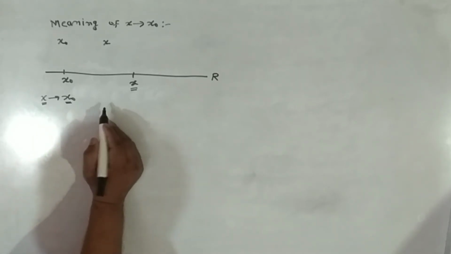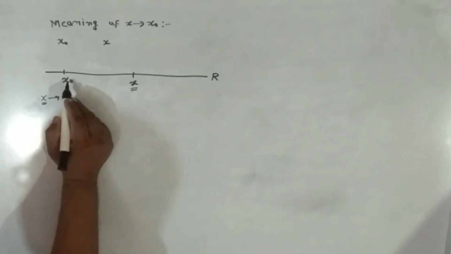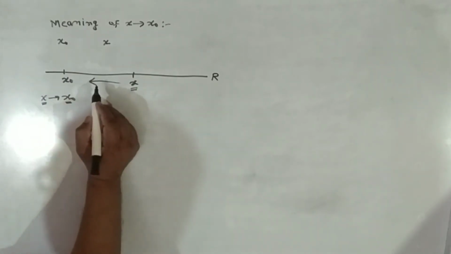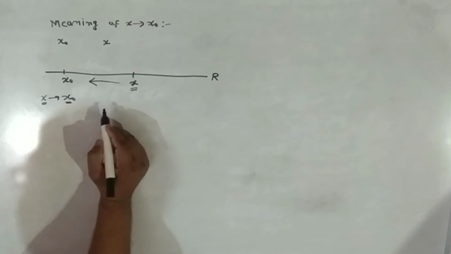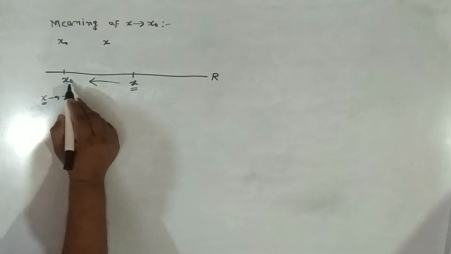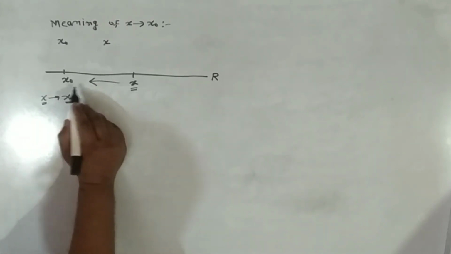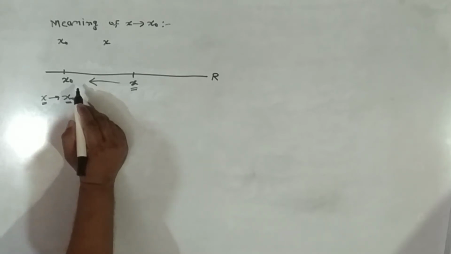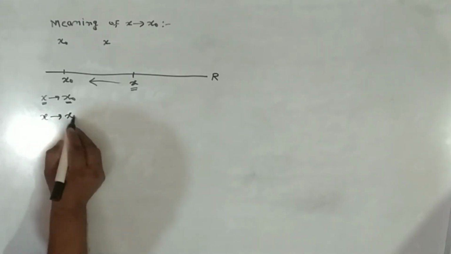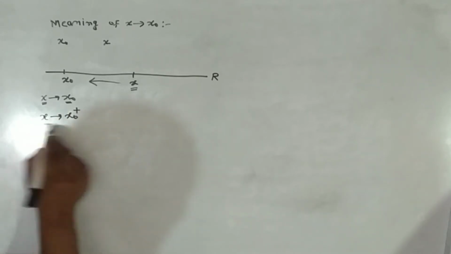If this x is to the right of this x0, it will approach x0 from the right, and we say that x tends to x0 from the right of this x0. It is indicated by x tends to x0 plus, which means right hand limit.